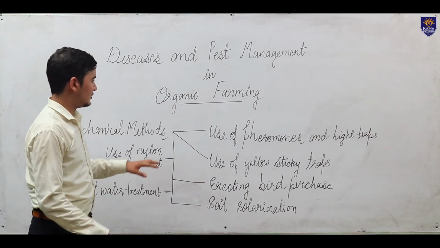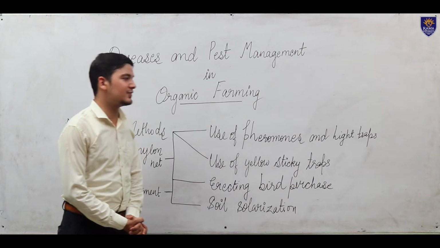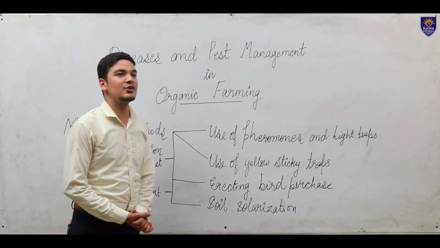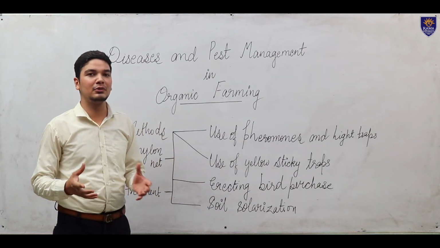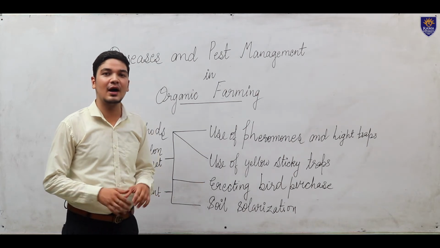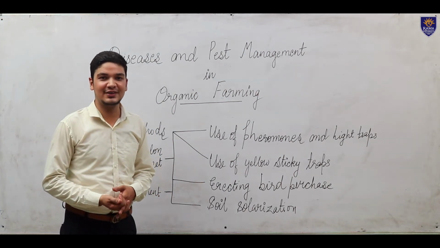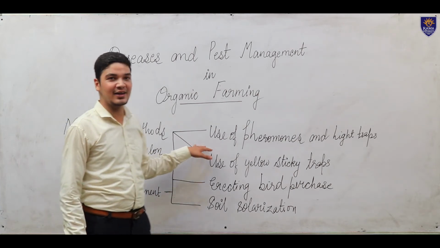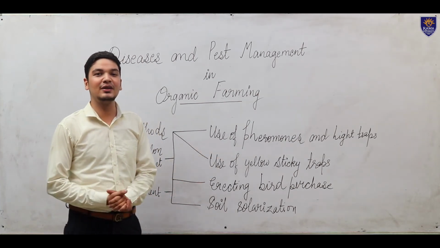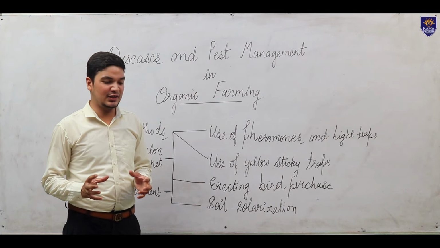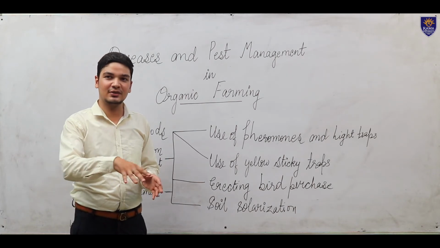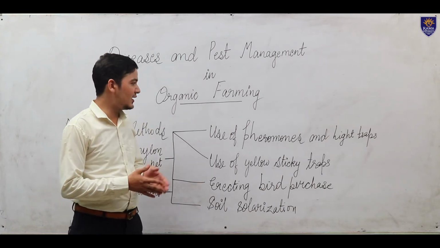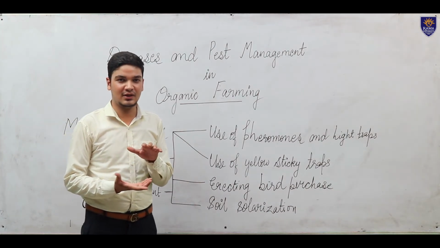Here we are discussing the use of pheromones and light traps. So basically class, you might have heard about pheromones that are used to attract the opposite gender of the insects. These are traps which are installed in the field, and usually the male insects are attracted toward that pheromone and are trapped inside that insect trap.